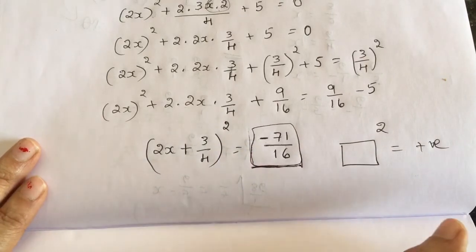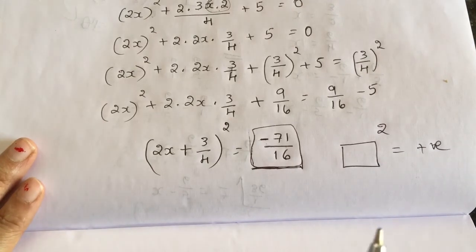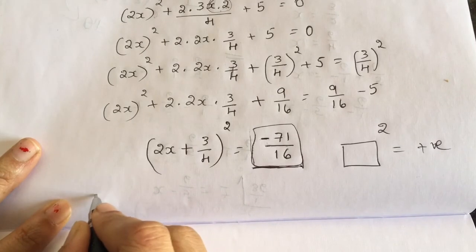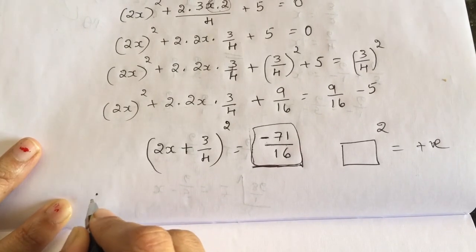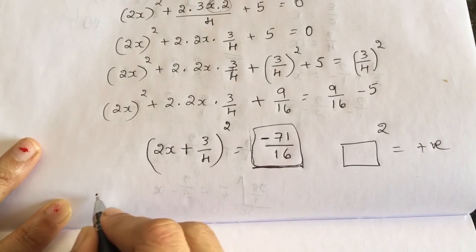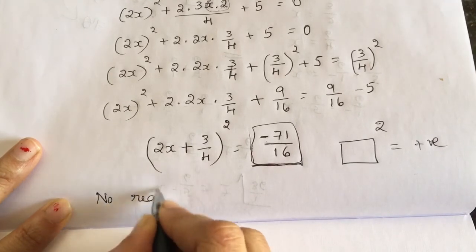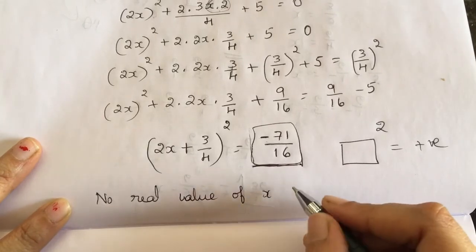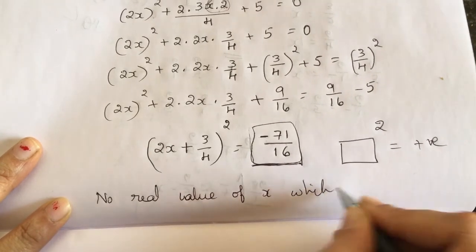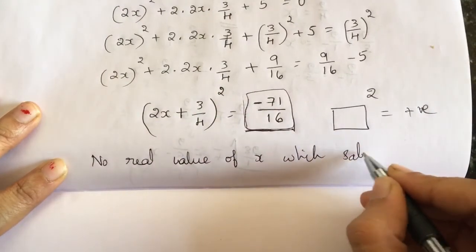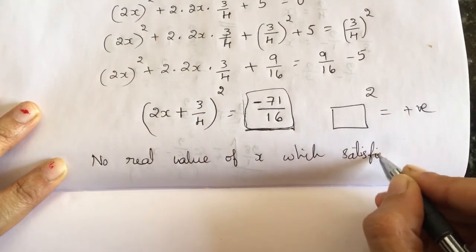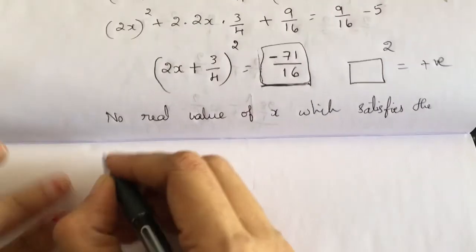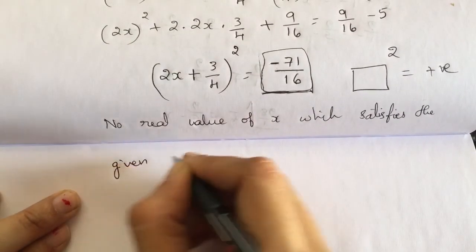It won't happen. So we say there is no real value of x which satisfies the given quadratic equation.